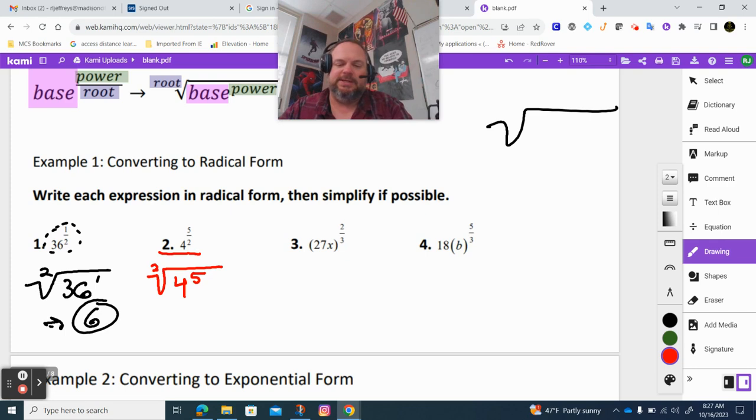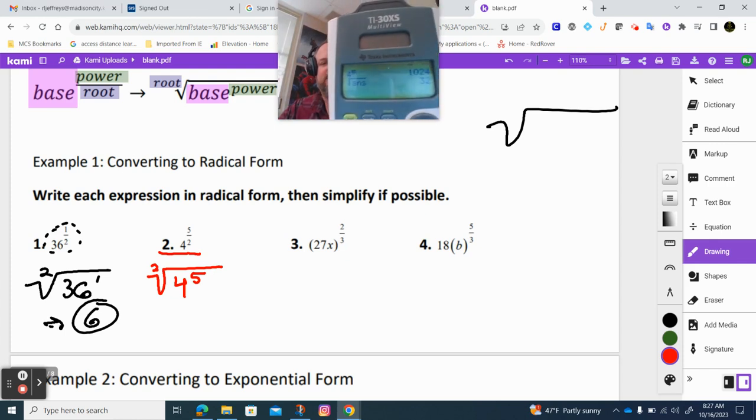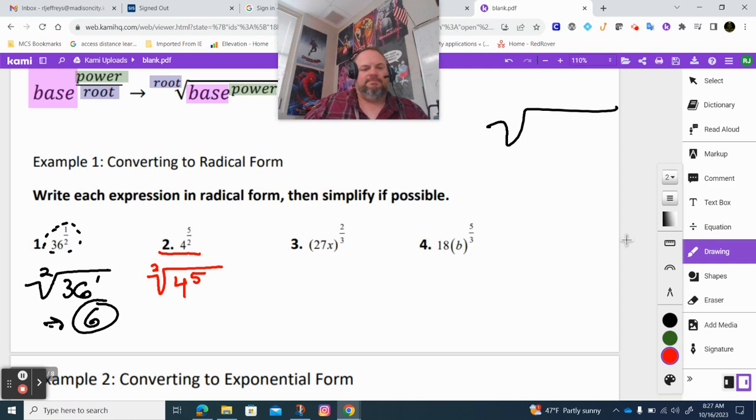Let's see if we can take the square root of that. Yeah, we can actually take the square root of that and it ends up being 32.